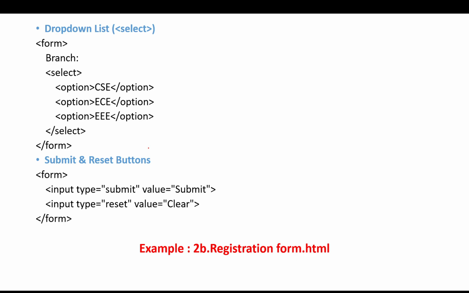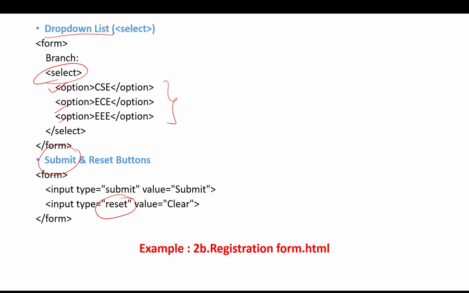And here the drop down list and the buttons. The drop down list helps the user select only one option. We can have multiple options, but if we want to select only one option, then we use select. And to send the data, use submit. And to clear the form, we can use reset.